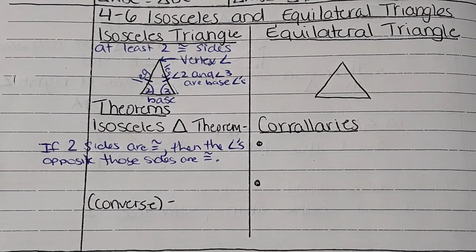And then the converse of that is if you have two congruent angles, then you have two congruent legs.